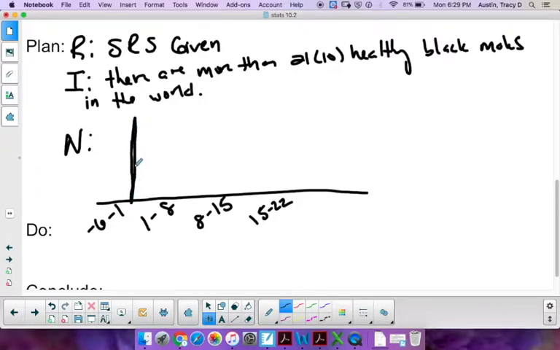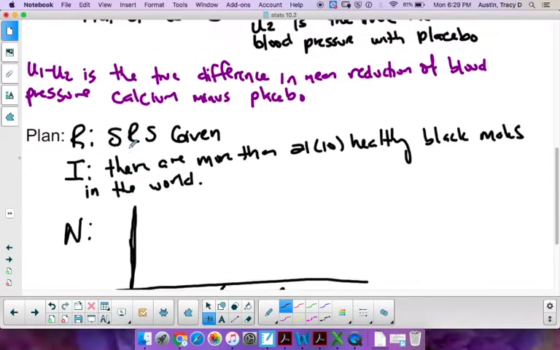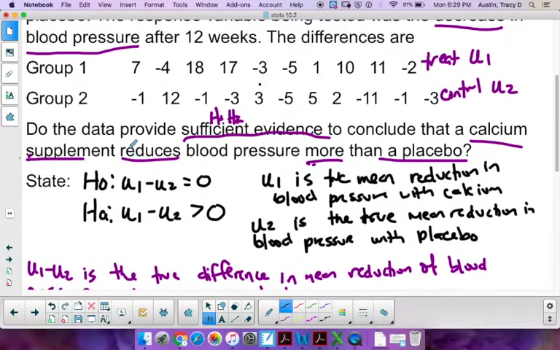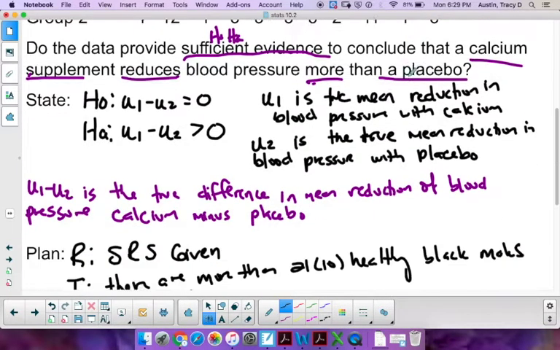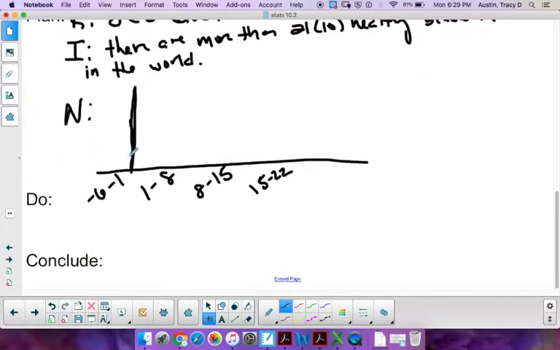Okay, so I just need to count how many are in each group. Negative 6 to 1 in the first group: 1, 2, 3, 4. Okay, so 4. And again, if you do this on your calculator, this is pretty much what it's going to come out to.